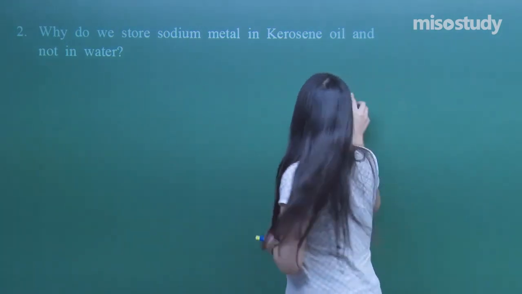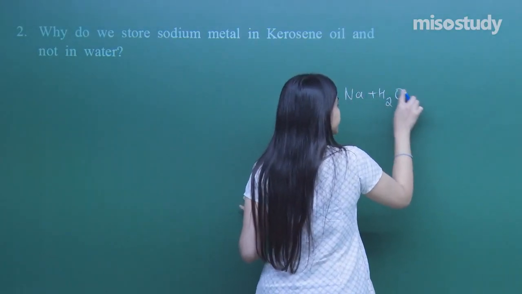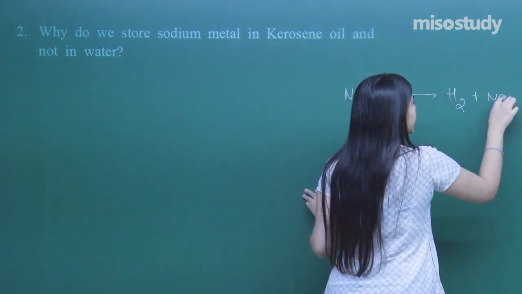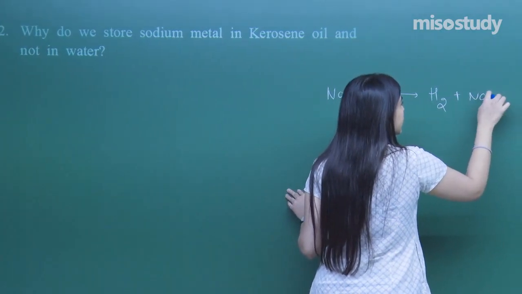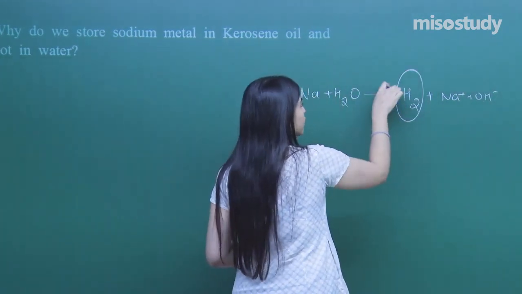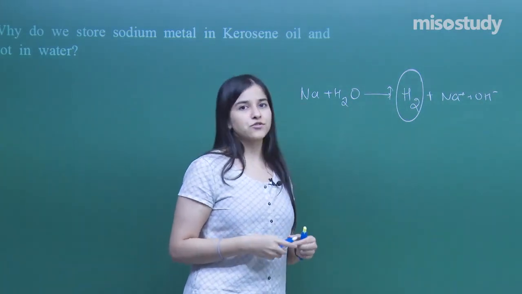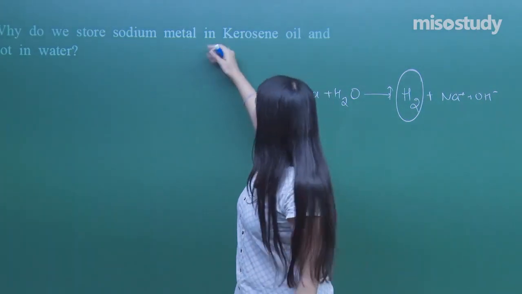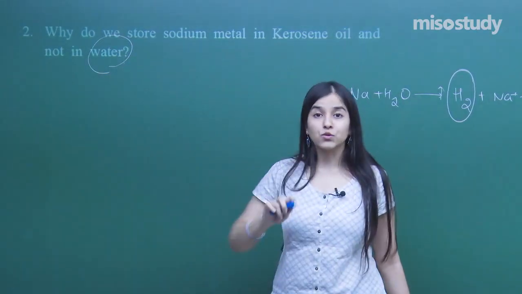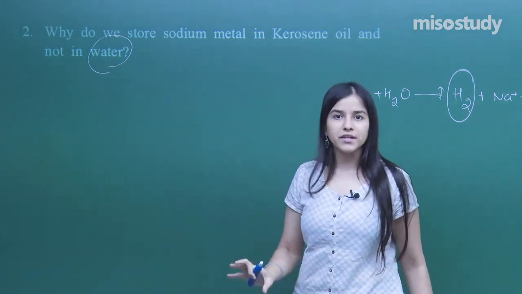Whenever sodium reacts with water, the main thing released is H2 plus the ions Na plus and OH negative in the water. Due to the release of hydrogen gas, which is explosive, it immediately catches fire if it comes in contact with water and in fact air as well. That is why we cannot just openly put the sodium anywhere.